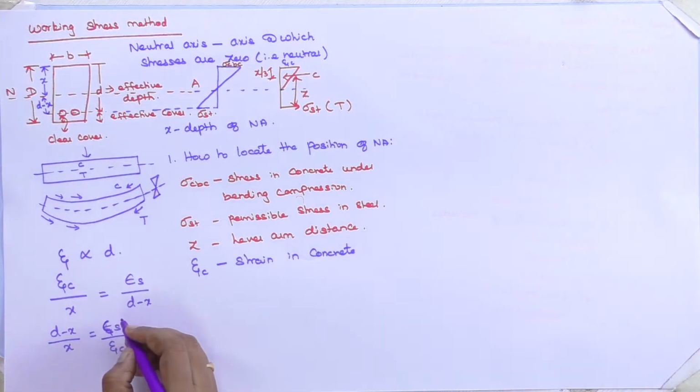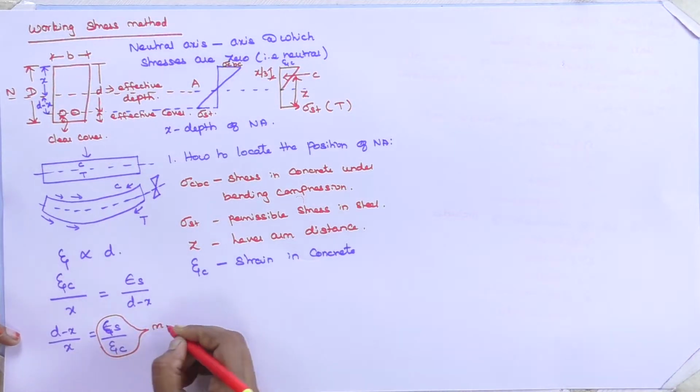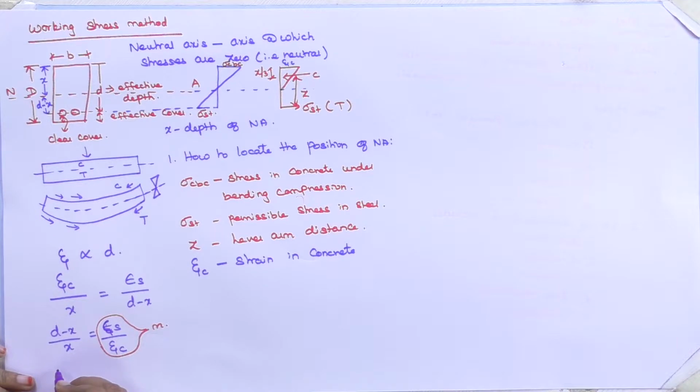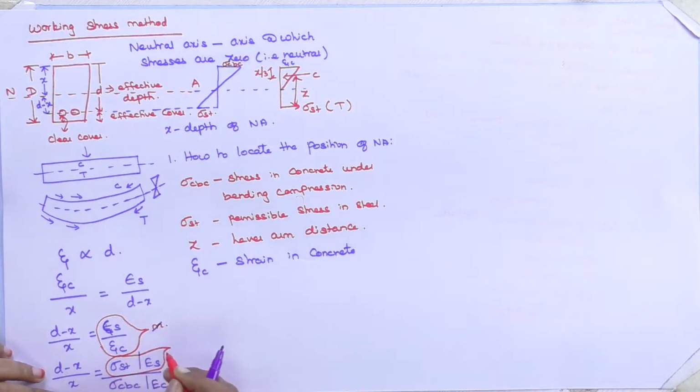Okay, here we can write this as m. M is nothing but modular ratio. So, d minus x divided by x is equal to sigma st divided by Es divided by sigma cbc divided by Ec. This formula comes from Hooke's law.